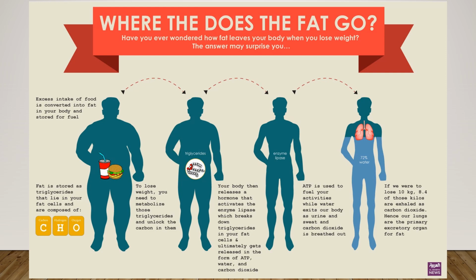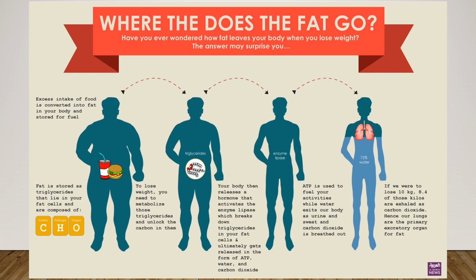Now ATP is used to fuel your activities, while water exits as urine or sweat, and carbon dioxide is breathed out. So when these triglycerides in your fat cells are broken down, there are three things happening.